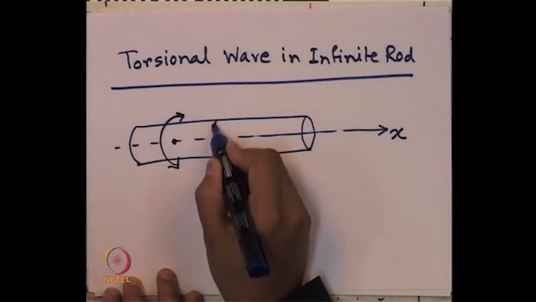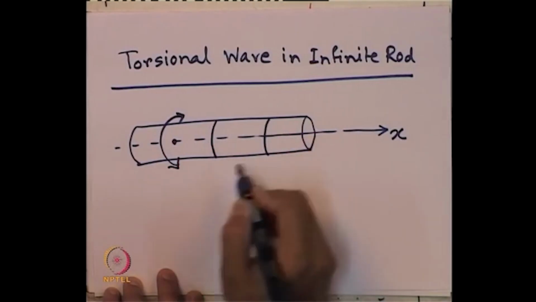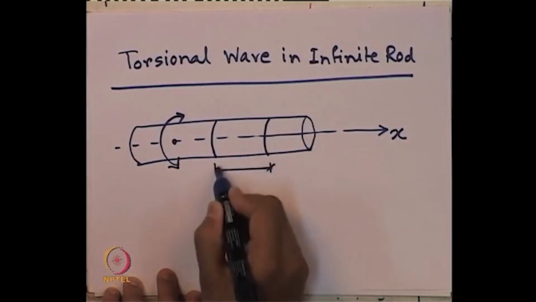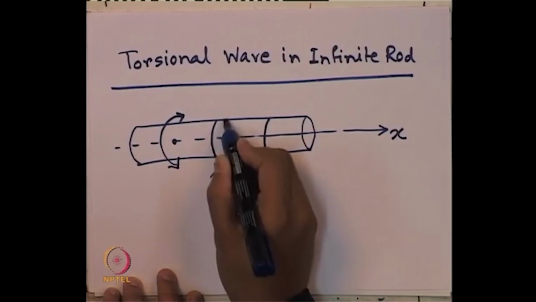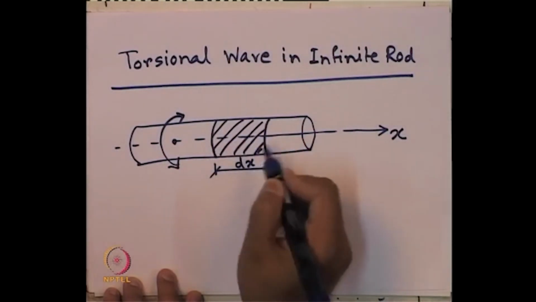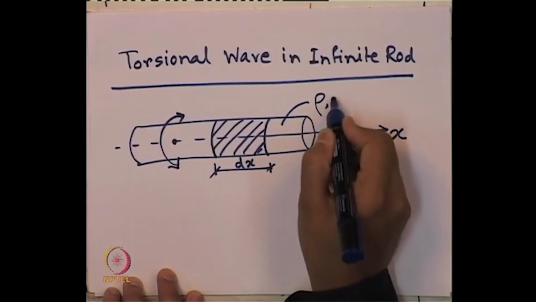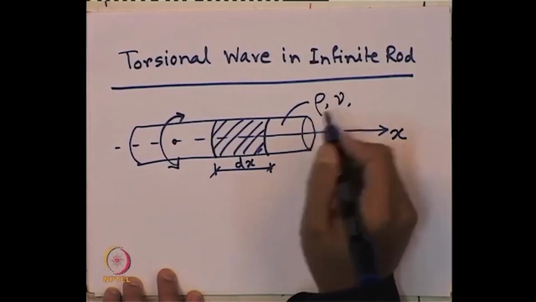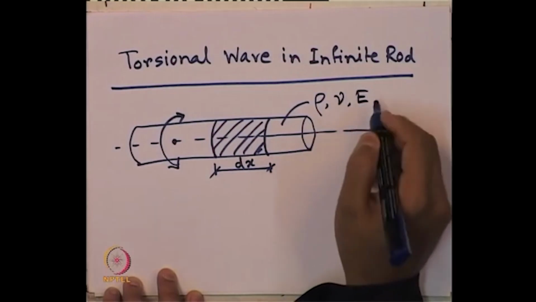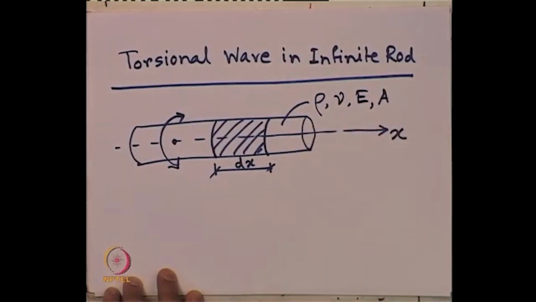So, here also let us take an infinitesimal small length dx of that material, and the material properties should be given to us, like rho density, nu Poisson's ratio, E Young's modulus, and A is the cross sectional area. So, these are given input data.